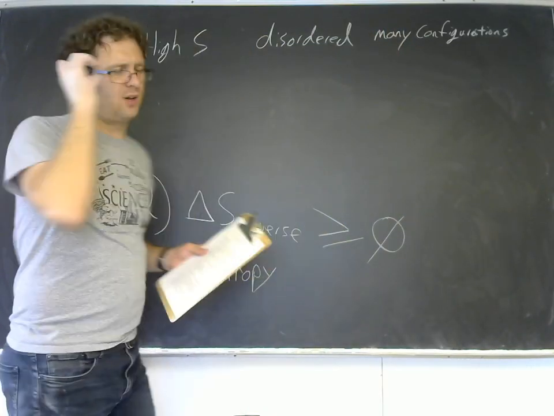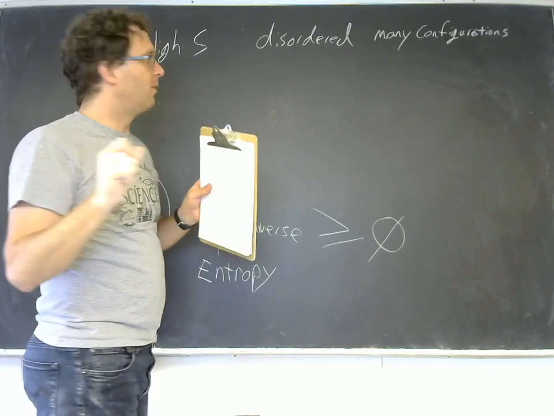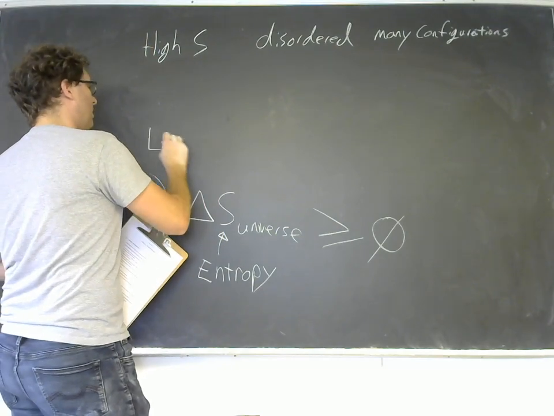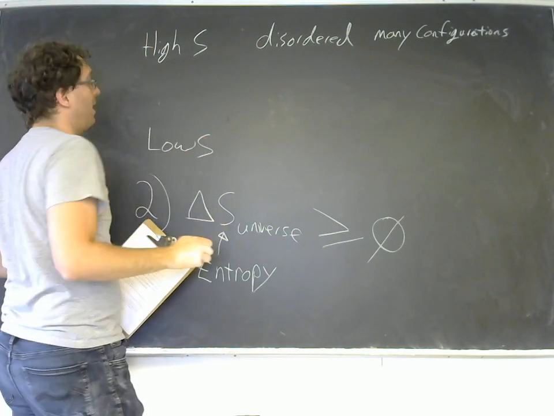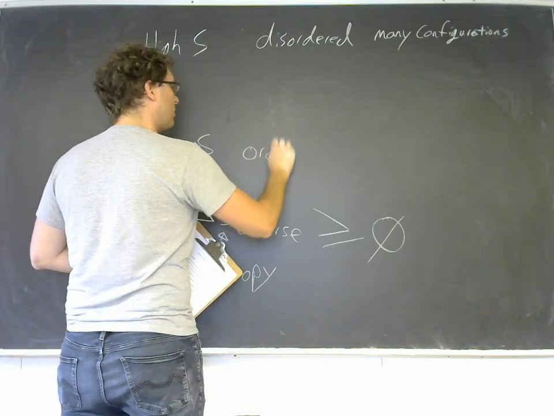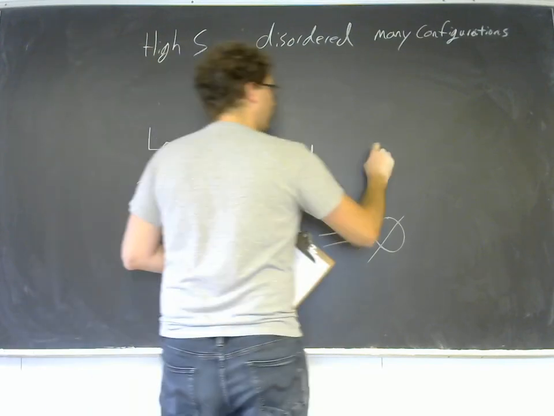Okay, so I promise we'll make it kind of clear what this means. I just want to first set it up a little bit. So low S systems are highly ordered, okay, instead of disordered, and there are few configurations.